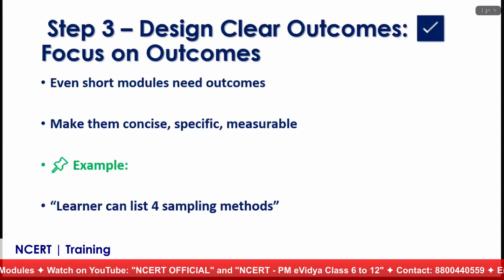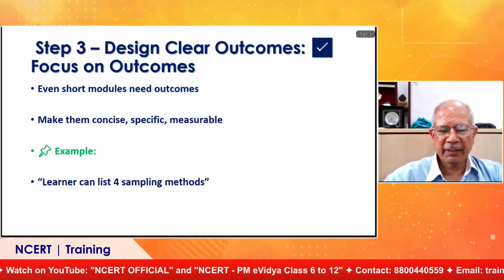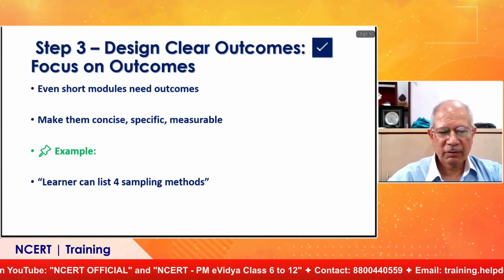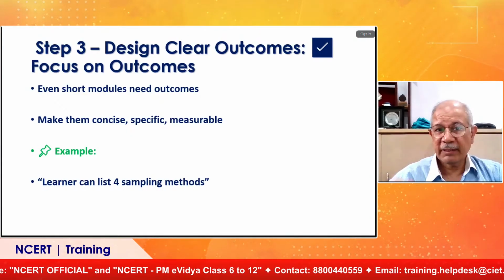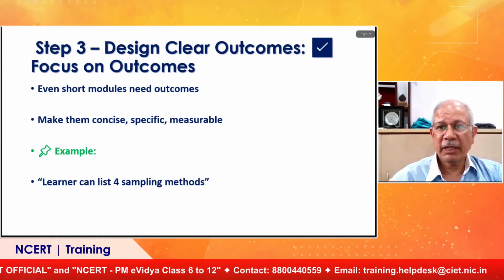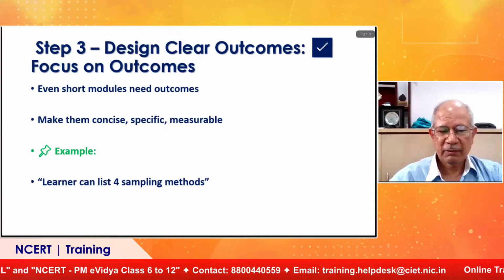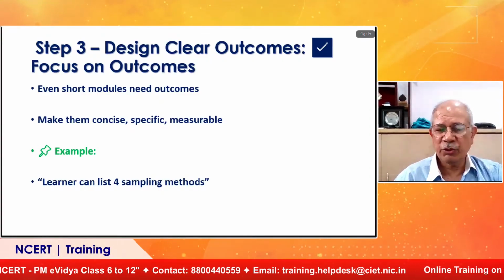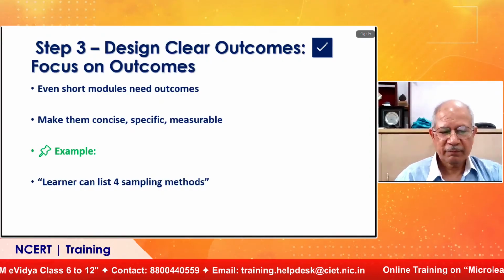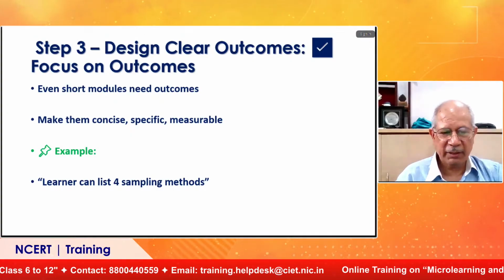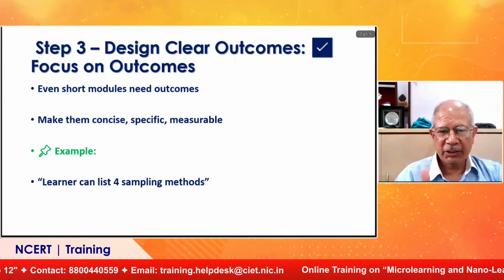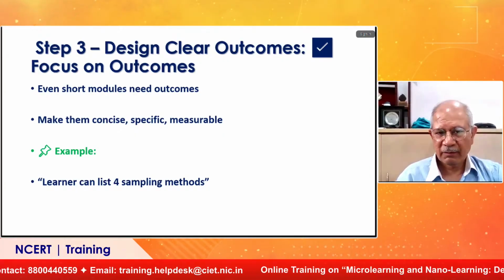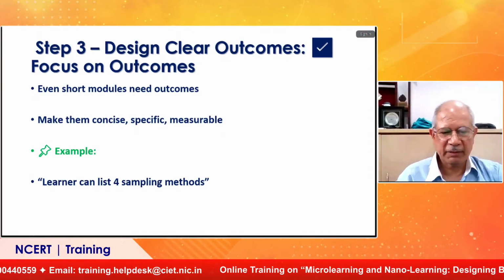We come to the third step then, where we design clear learning outcomes. And it is advisable that this step not be skipped. Even a 3-minute video should have an outcome. So for example, the learner can list 4 sampling methods.